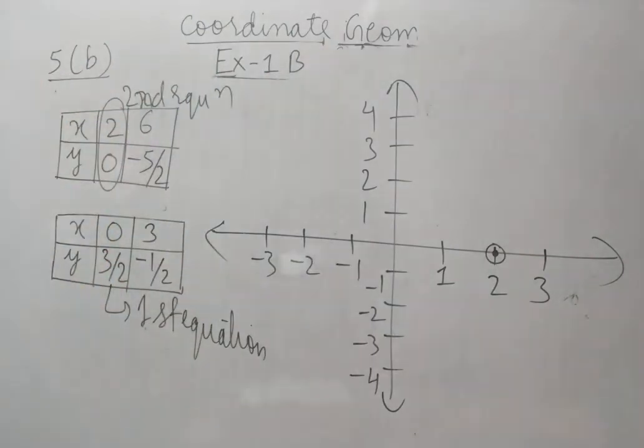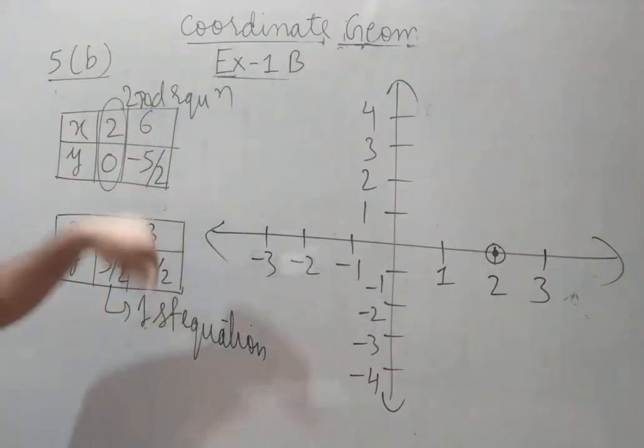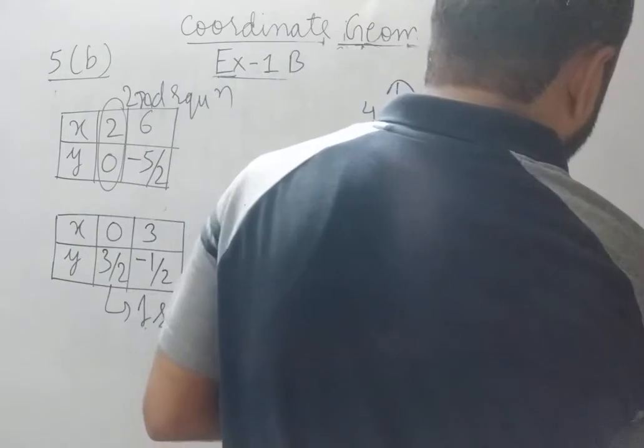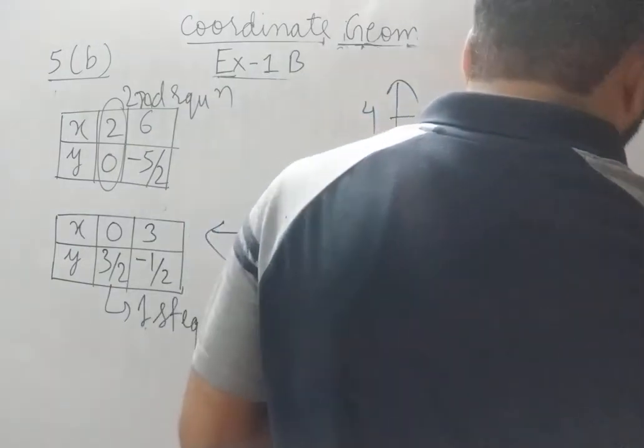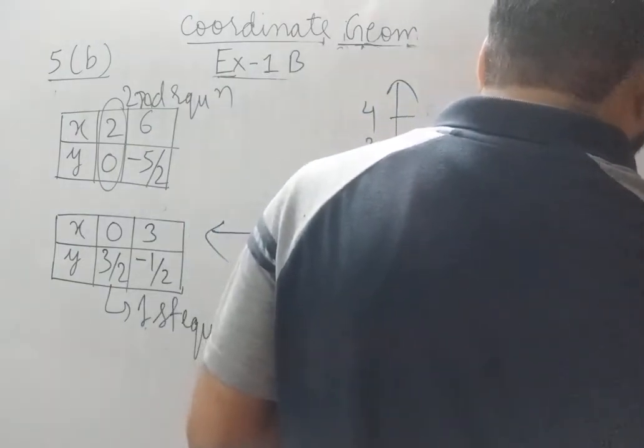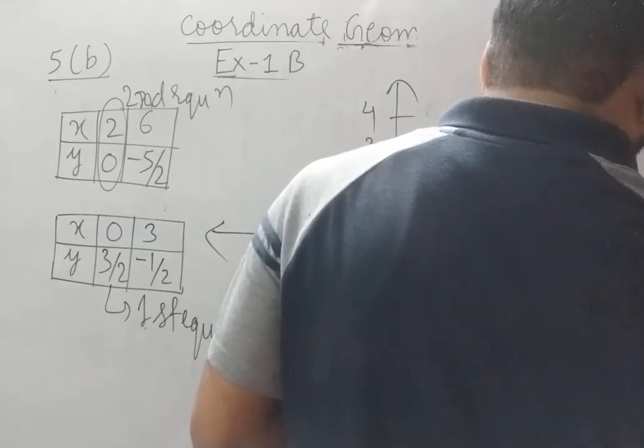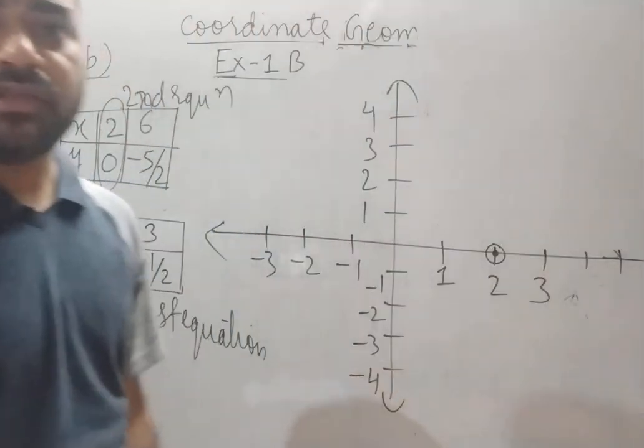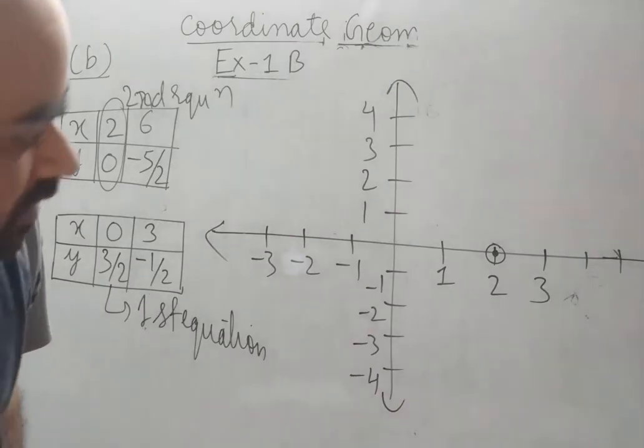Next is 6, minus 5 by 2. It means on the x-axis we want 6. So 6 means 3, 4, 5, 6. Correct? Wait.